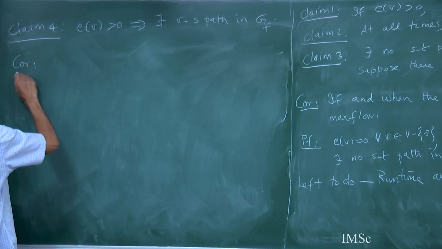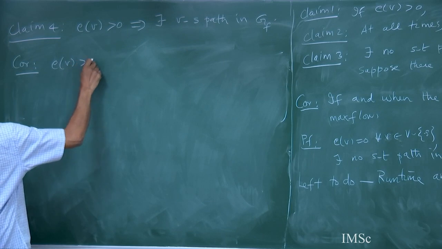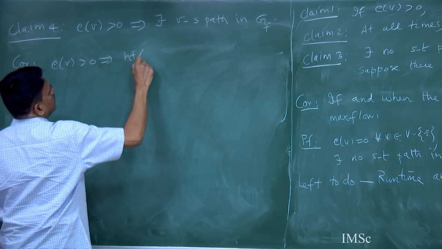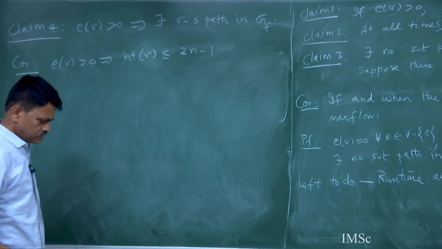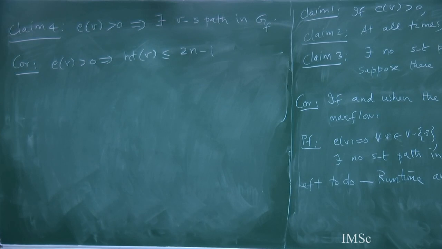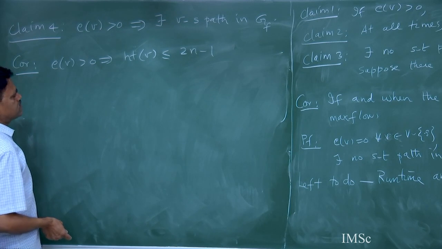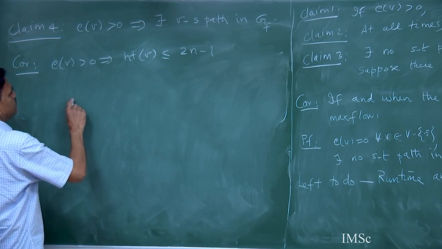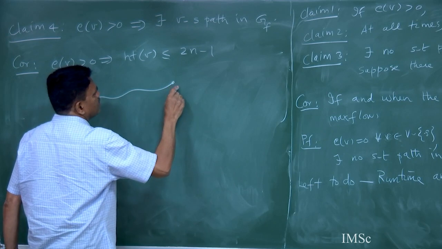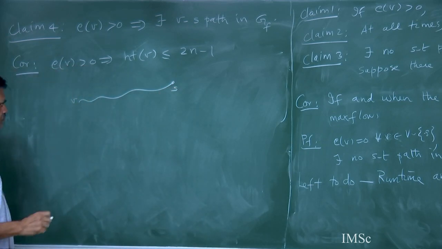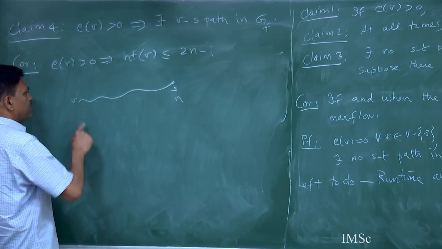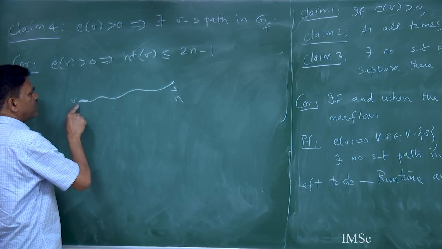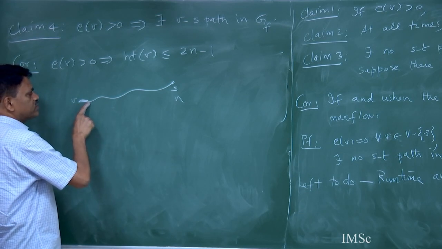So now a corollary: e(V) greater than 0 implies its height is at most 2n minus 1, or 2n minus 2. We'll see why. Why? Because the height function has the property, right? So we know that there is a path from V to S in the residual network, and height of S is n. In this path, height of this is less than or equal to height of this plus 1.